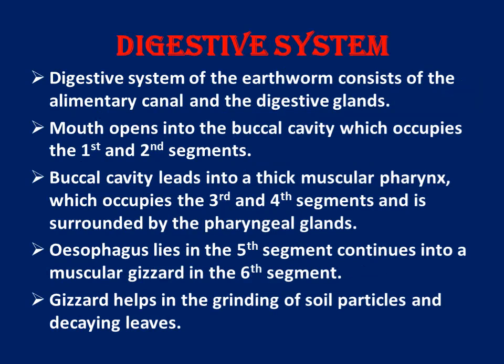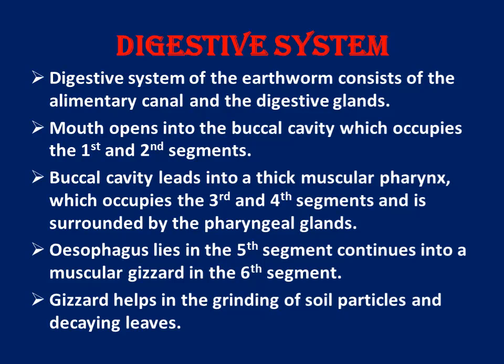Now, digestive system. So, it consists of alimentary canal and digestive glands. So, mouth opens into the buccal cavity, which occupies the first and second segment. The earthworm's first and second segment has the mouth, and it leads into a muscular pharynx.